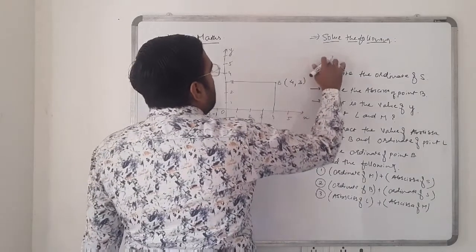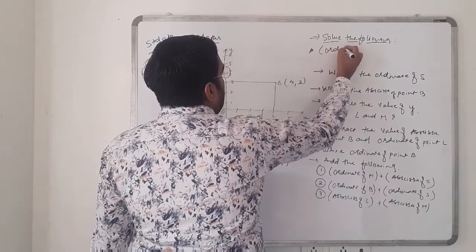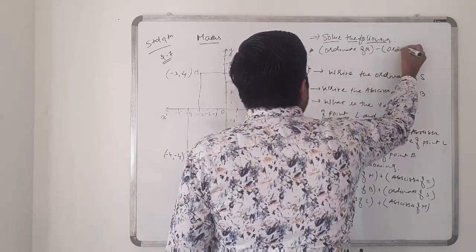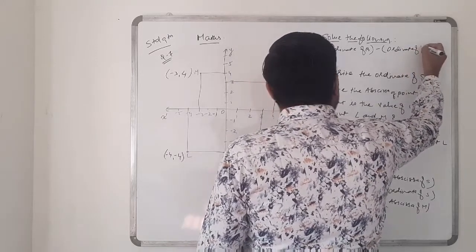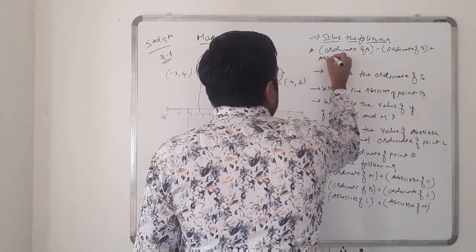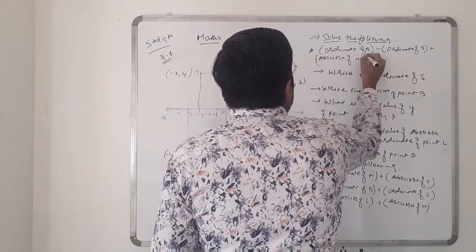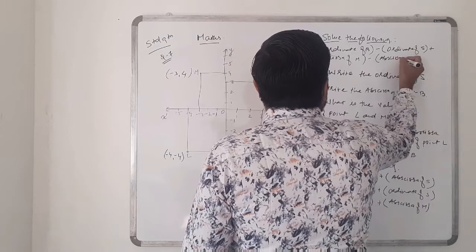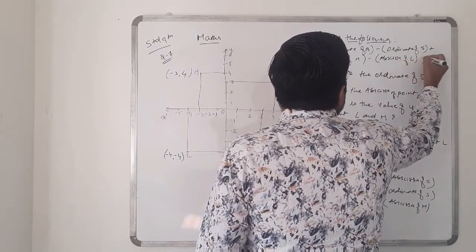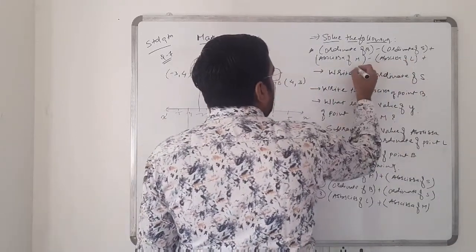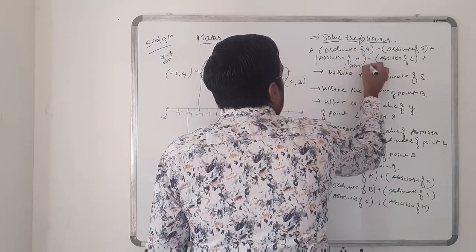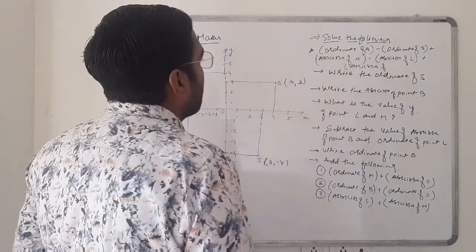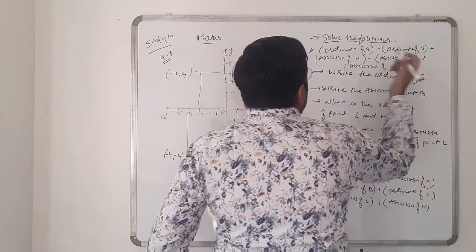So solve this question: ordinate of B minus ordinate of S plus abscissa of M minus abscissa of L plus abscissa of M. It's also already added.